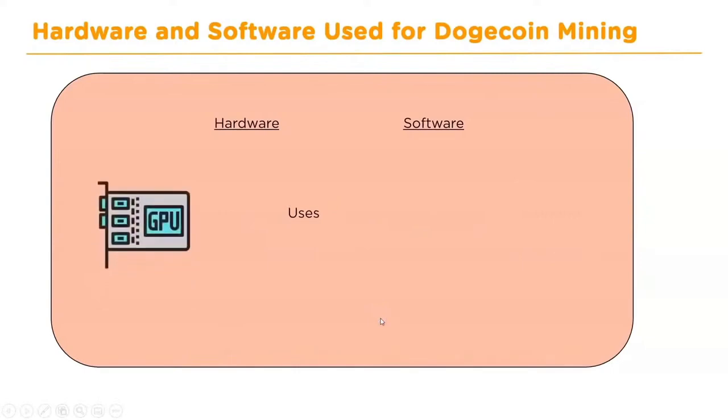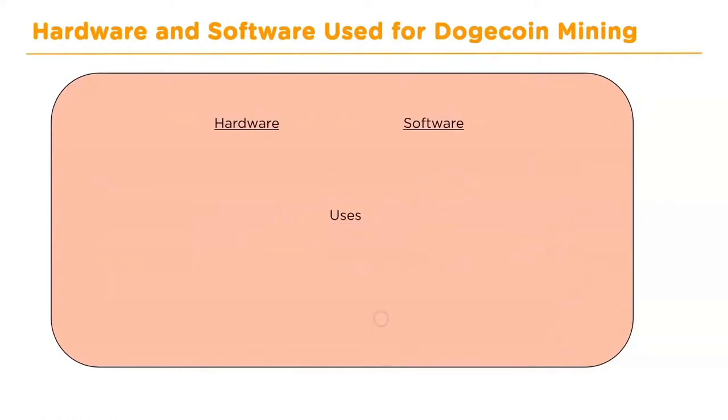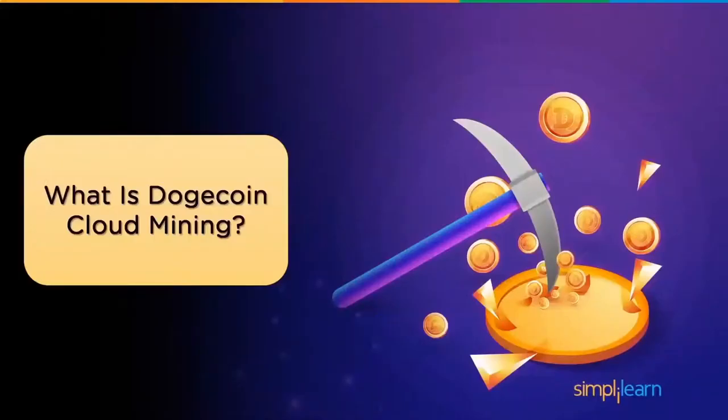Some of the best software is CUDA Miner, which works perfectly with NVIDIA products, CG Miner, which works with most GPU hardware, and Easy Miner is considered suitable for beginners. Scrypt ASIC miners are considered to be very powerful hardware, and multi-miner is excellent with this hardware.